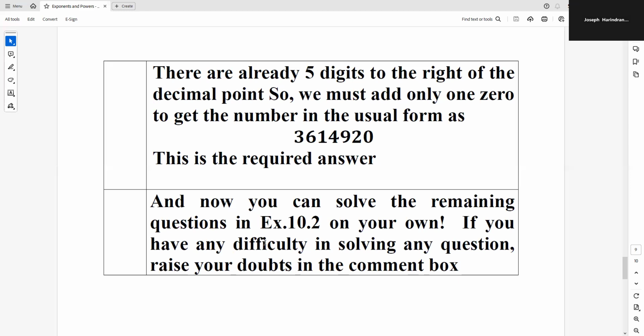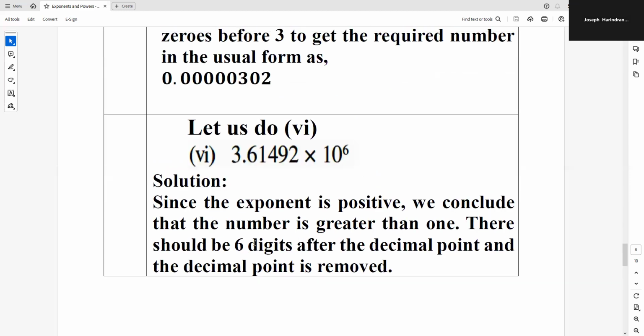So the total number of places is 6, because it is multiplied by 10 power 6, a million, 1 million. And 1 million has 6 decimal places. There should be 6 places to the right. So 1, 2, 3, 4, 5, 6.